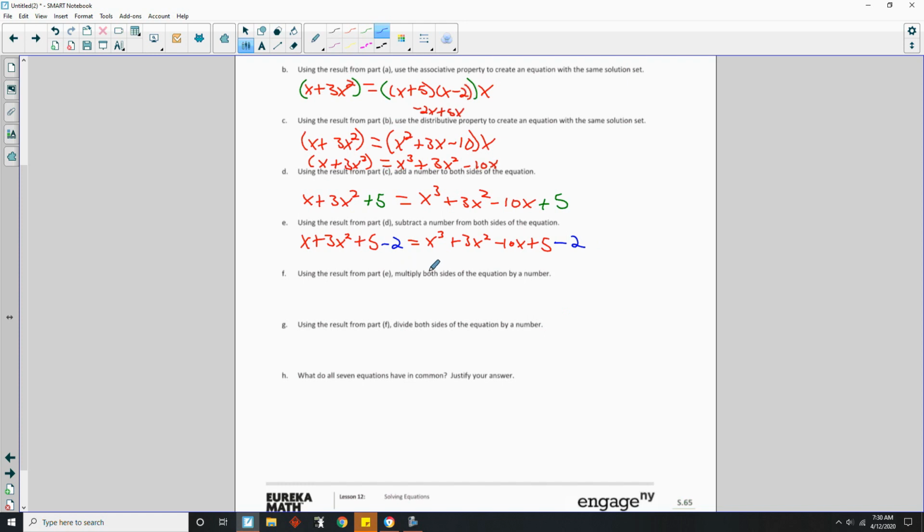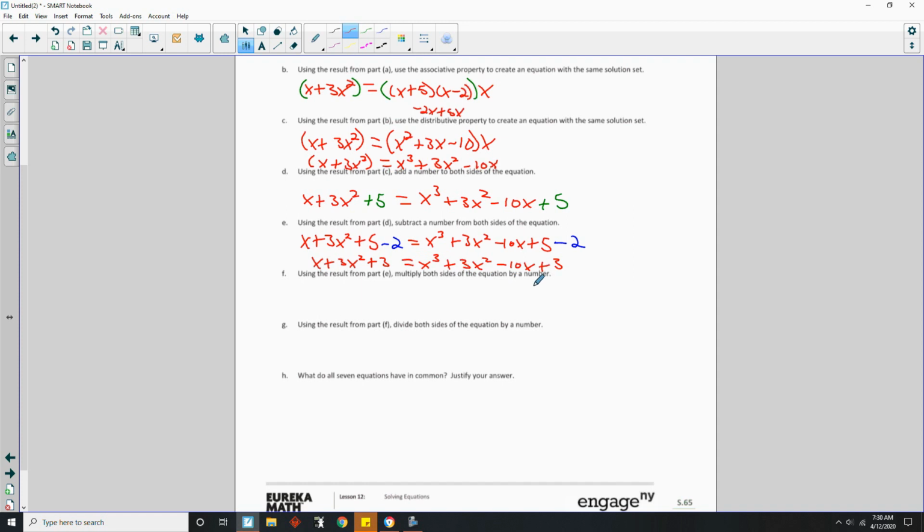Using the results from part E, multiply both sides of the equation by a number. So let's finish this though. Let's simplify it. That's going to give us x plus 3x squared plus 5 minus 2 is plus 3, equals x cubed plus 3x squared minus 10x, and 5 minus 2 is 3 again.